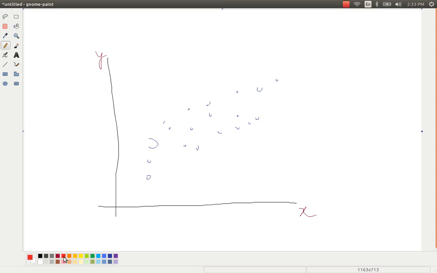The aim of this video is to describe how to detect the outlier. If the data is this way, there is no problem with the data set, but if by any chance you get a few data points that are very far away from the rest of the group, then we refer to them as outliers.